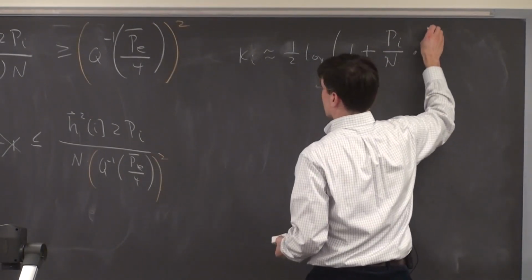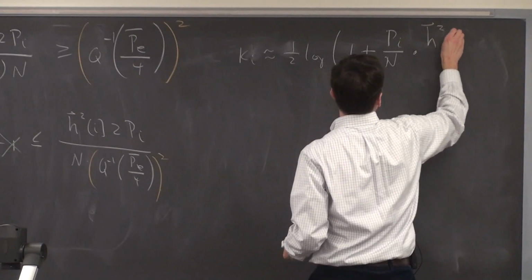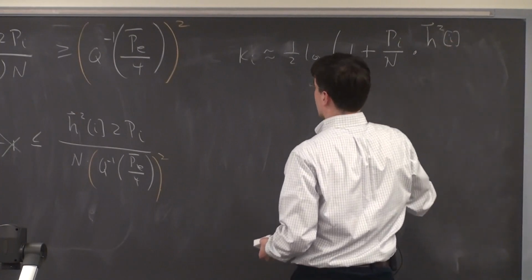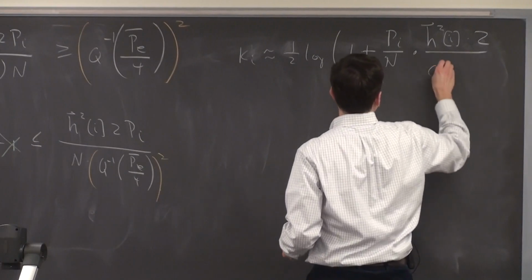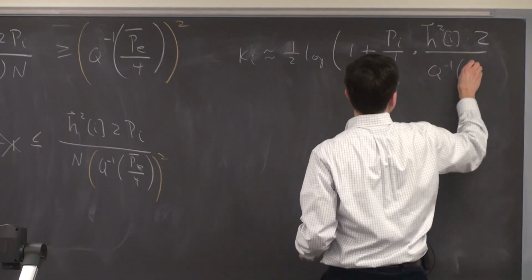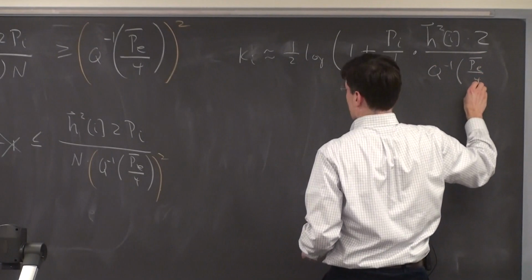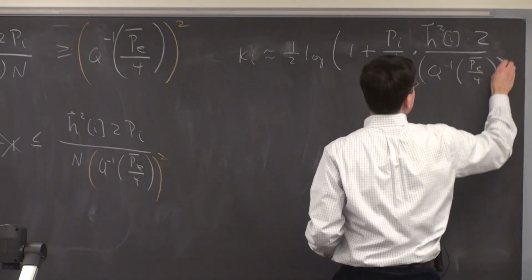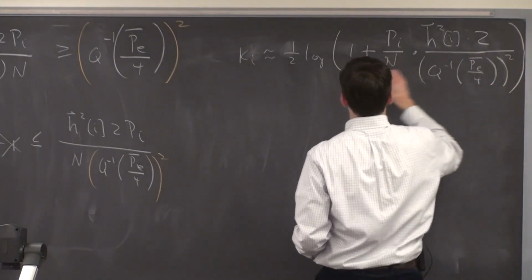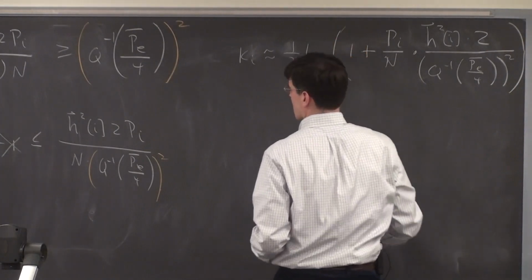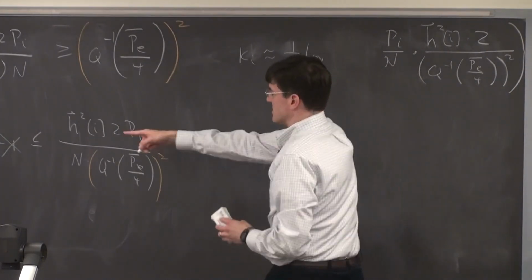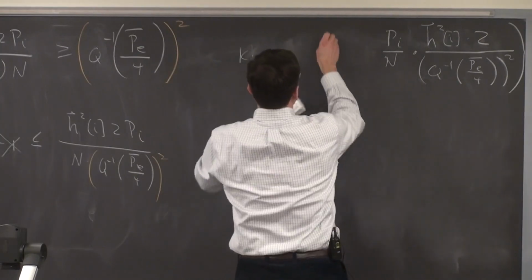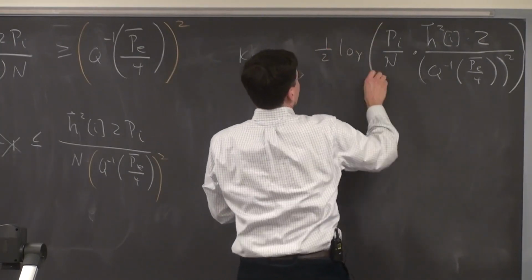You've got the gain over the ith sample, you've got a 2, you've got Q inverse of P_E bar over 4 squared. No 1 plus, I guess. That's if you keep retaining the 1, which I actually want to drop. So just one half log of that.